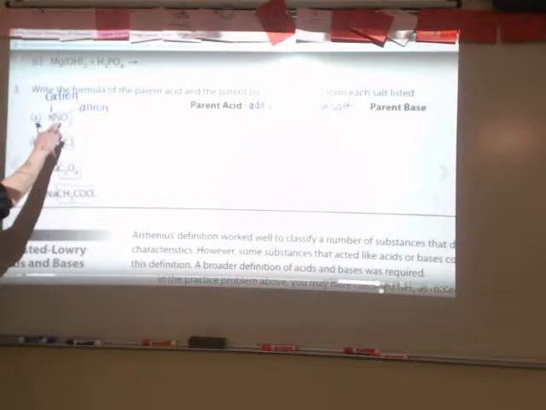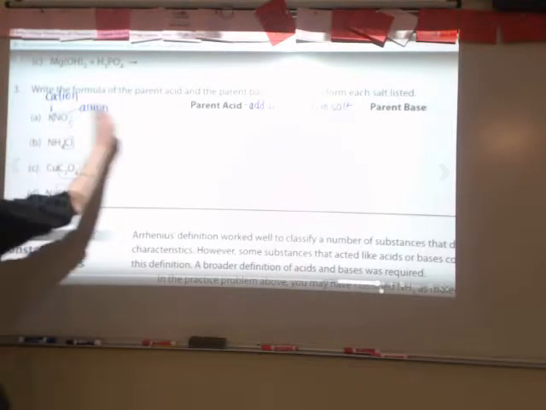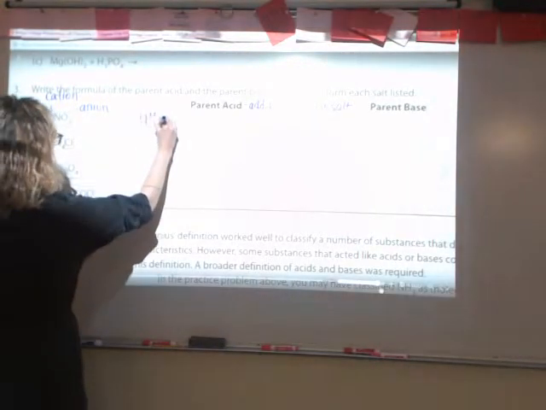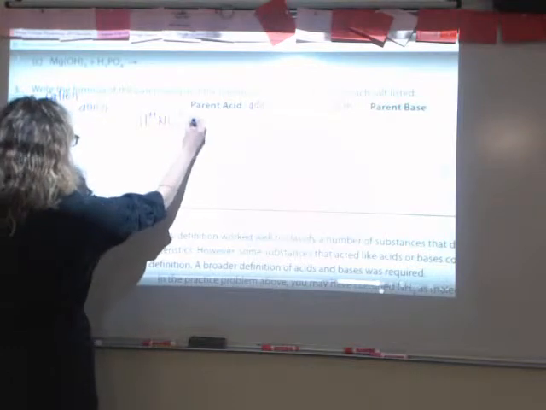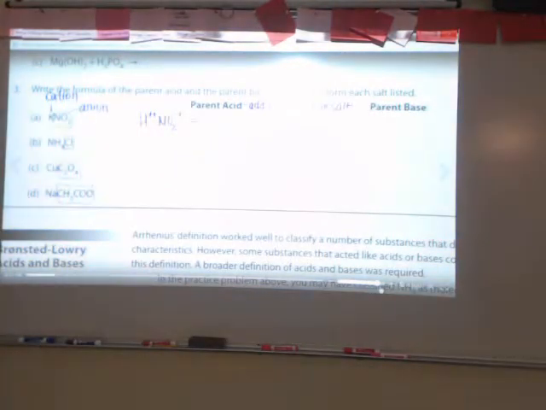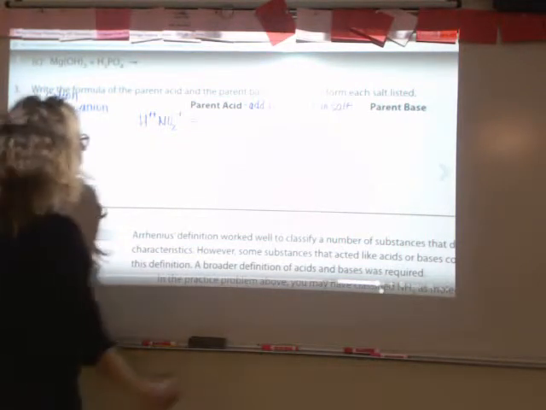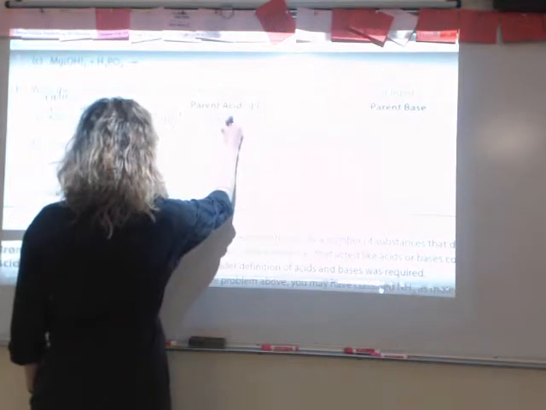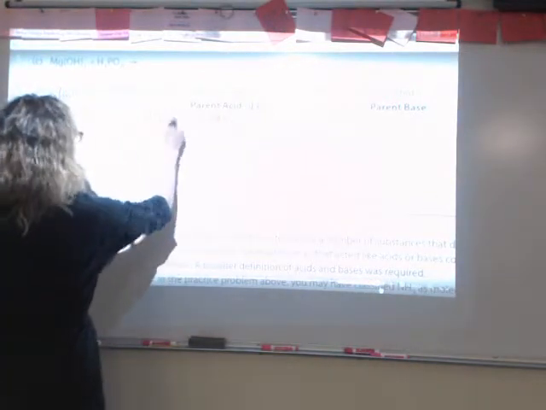So if this is NO2, and I put a hydrogen ion with NO2 negative 1, what would I get? HNO2, because won't these cancel?